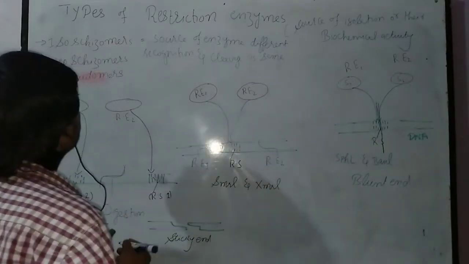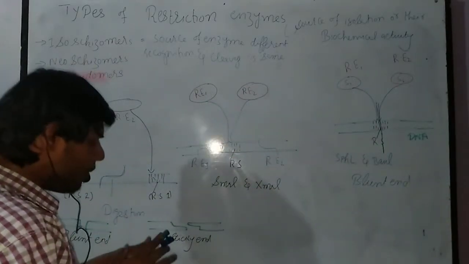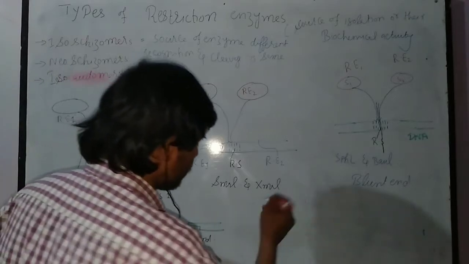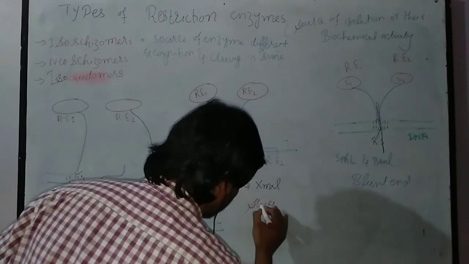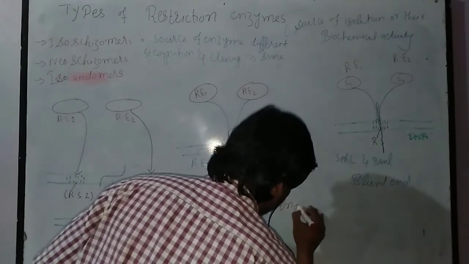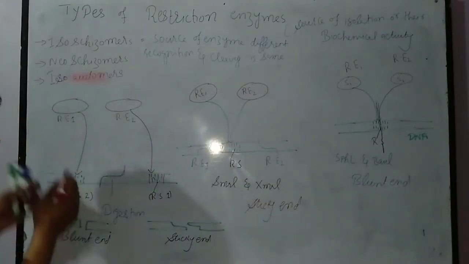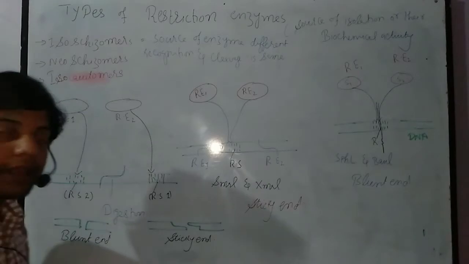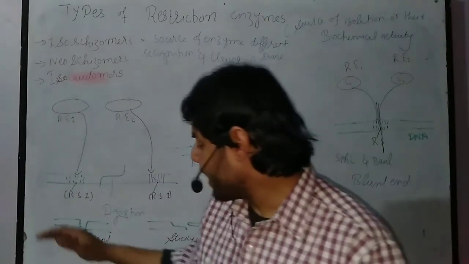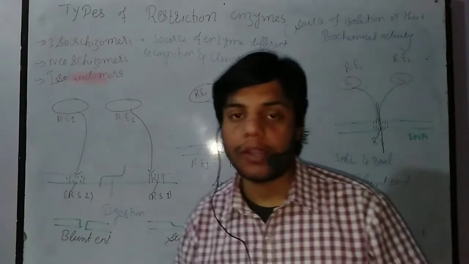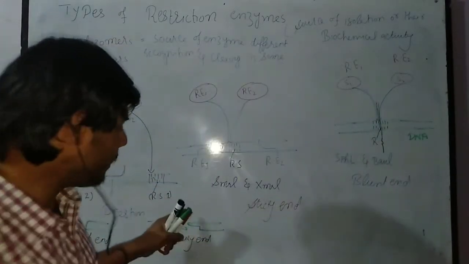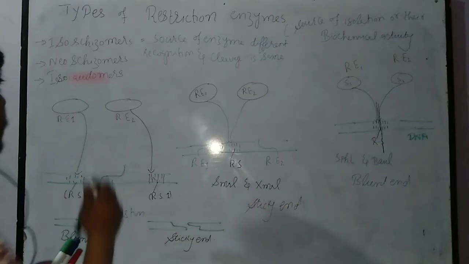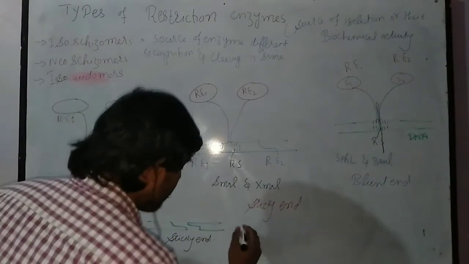When we use the Neoschizomers, they will produce the sticky end. And when we use the Isocaudomer, then they will produce sticky end as well as blunt end of the DNA molecule.